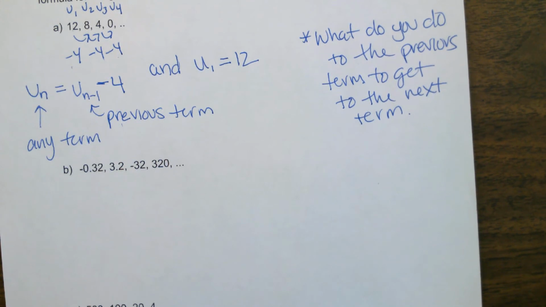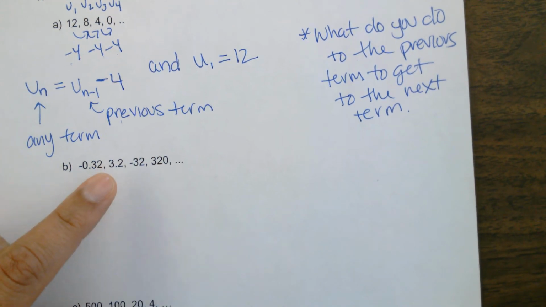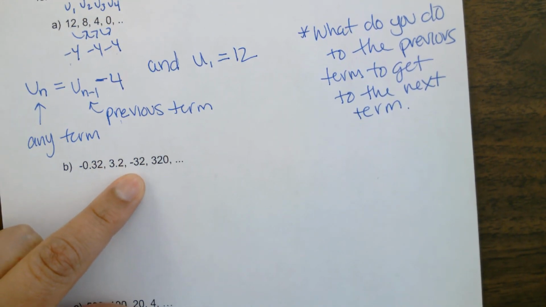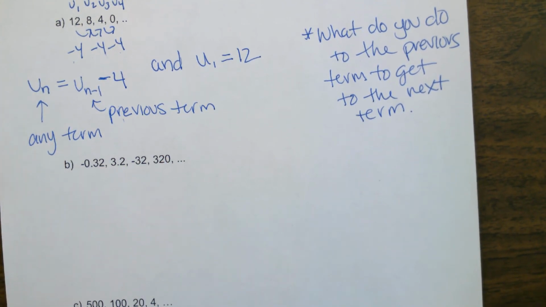Okay. This one here. Negative 0.32, positive 3.2, negative 32, positive 320. When your signs flip back and forth, you're definitely going to have a common ratio.